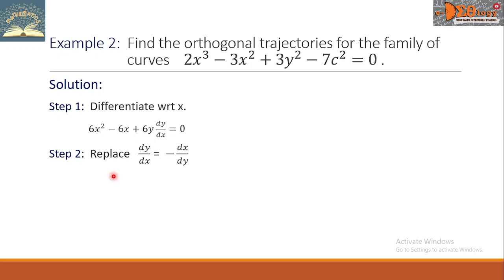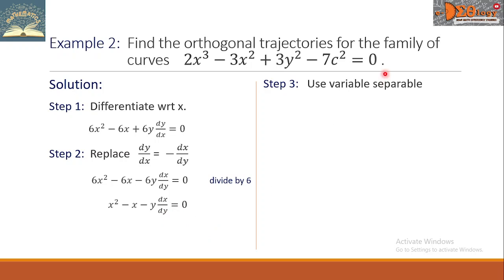Step 2. Replace dy over dx by negative dx over dy. So the dy over dx here becomes dx over dy, and we put the negative sign in front. Let us simplify further by dividing the equation by 6. So the new equation becomes x squared minus x minus y times dx over dy equals 0.